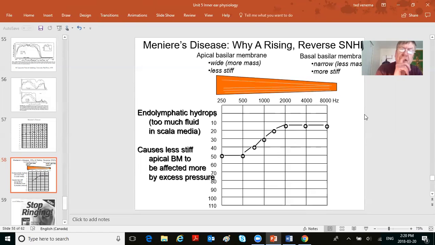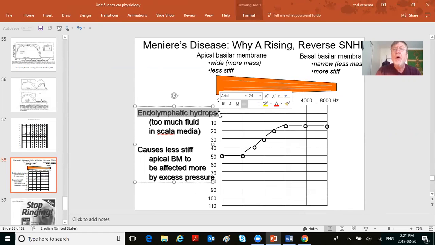Now, what's Meniere's? Endolymphatic hydrops, meaning too much fluid, too much endolymph in the scala media. So the whole scala media is bulging, and the Reissner's membrane is bulging, and the basilar membrane is bulging.